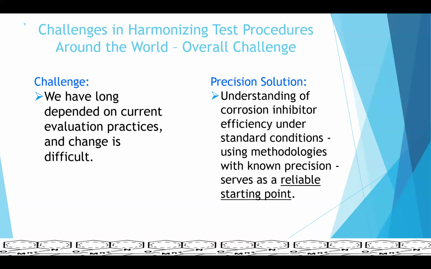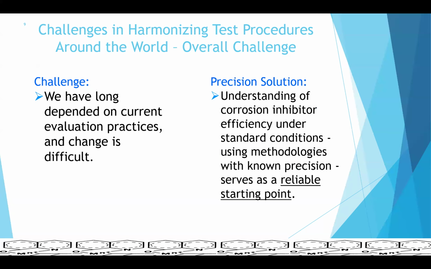We are not going to drastically change how the industry works, but promote the fact that understanding corrosion inhibitor efficiency under standard conditions using methodologies of known precision serves as a reliable starting point.